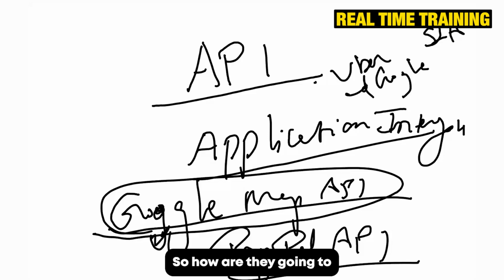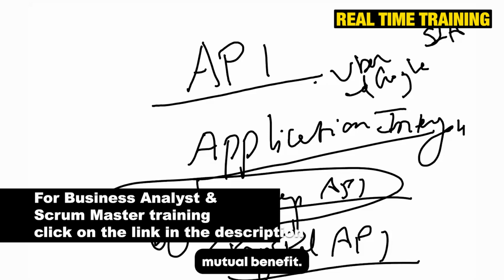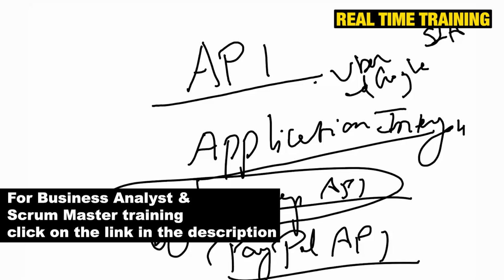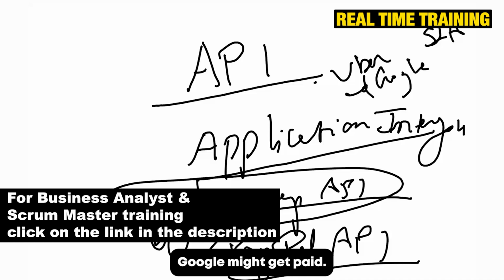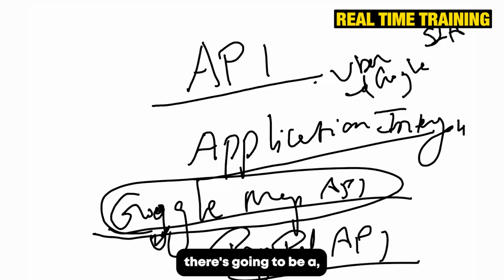So how will they get mutual benefit? Maybe every time there is a hit, Google might get paid. Every time there's a ride, Google will get a certain percentage, because without that map, they can't do it. We don't know what exactly is in the SLA, but most definitely there is going to be a service level agreement in place.